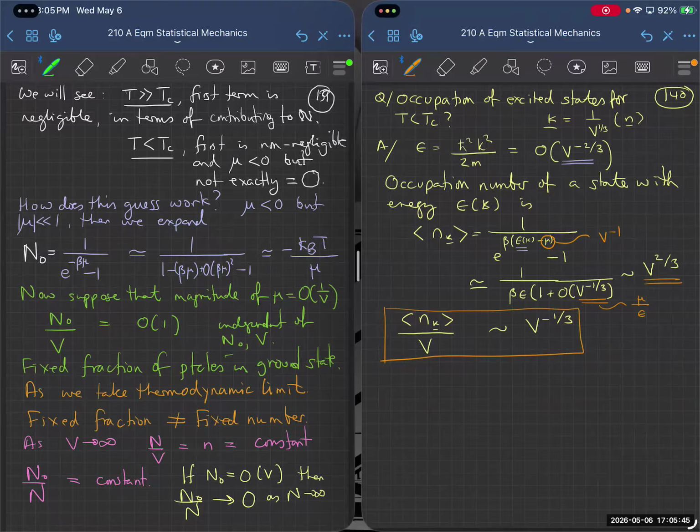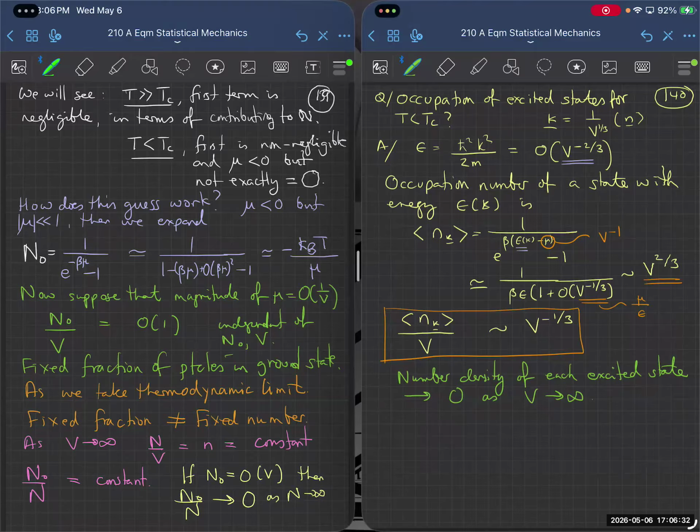So what that means is that the occupation number, not the occupation number, the number density of each excited state goes to 0 as I take the thermodynamic limit.